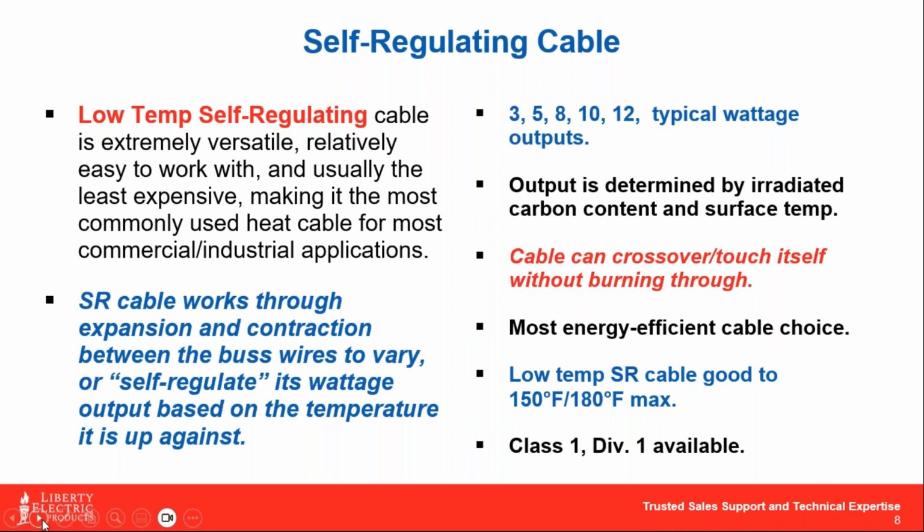These cables, typically in the low temp form, and this is also pretty standard across the industry, will operate up to about 150 F, and they will begin to destroy themselves around 180. So based on those temperatures alone, you can put it together with something like PVC or plastic-based piping. This becomes a very safe alternative to use with them.